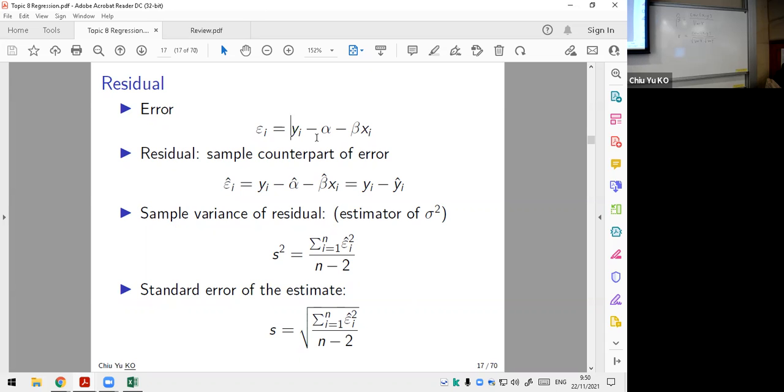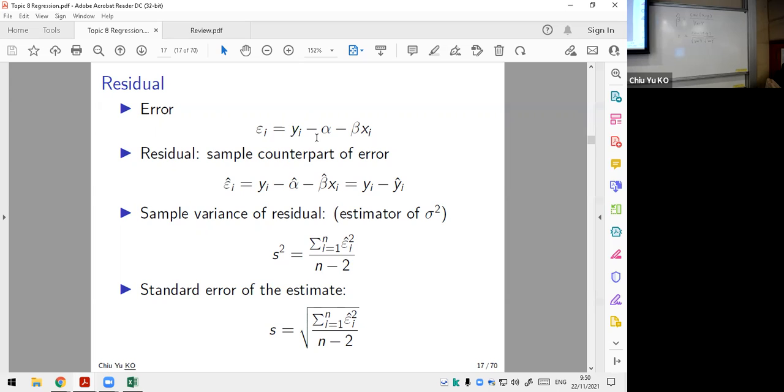You never observe epsilon i, and you never ever observe alpha and beta. But you are able to calculate alpha hat and beta hat, and you can use the same formula to estimate epsilon i.